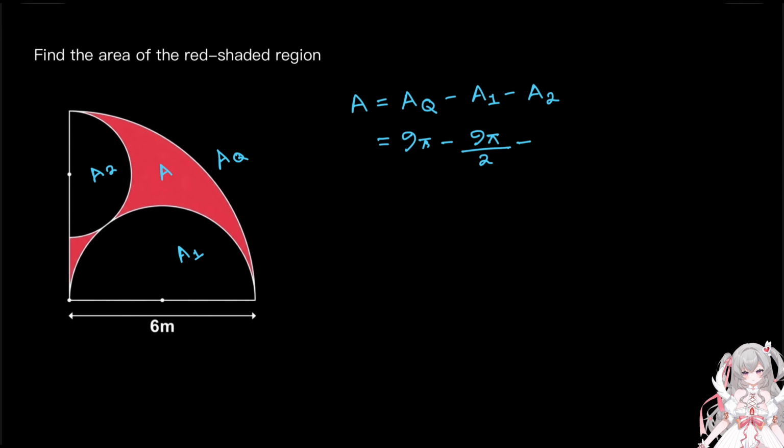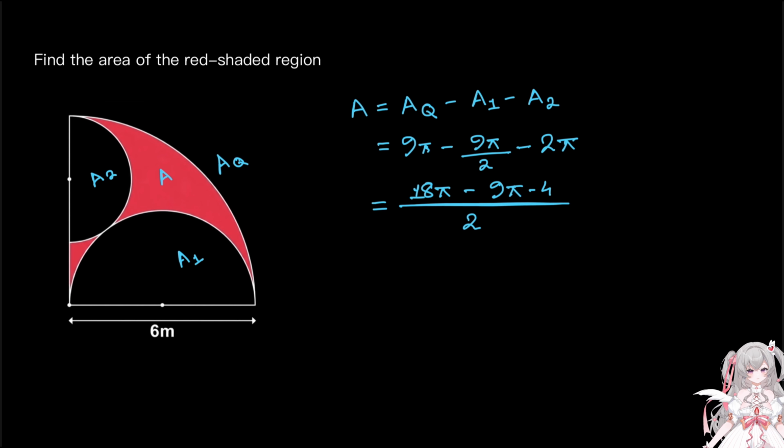Now, if we take 2 as LCM, then we get 18 pi minus 9 pi minus 4 pi. Now if we subtract these values, then we get 5 pi divided by 2 square meters, which is essentially the area of this shaded region in fractions.